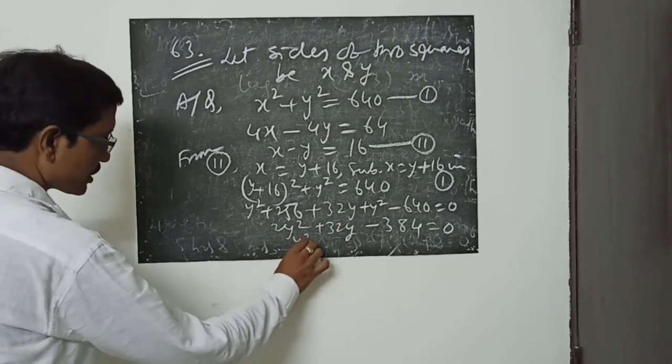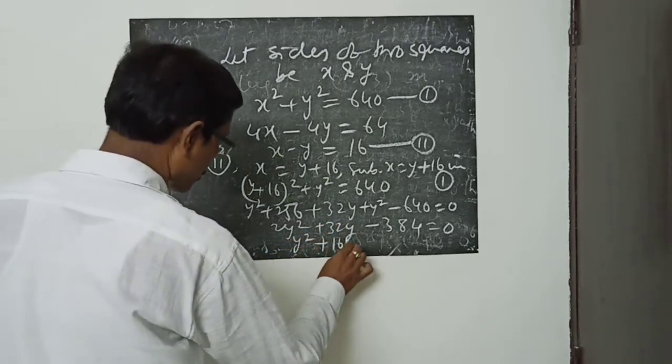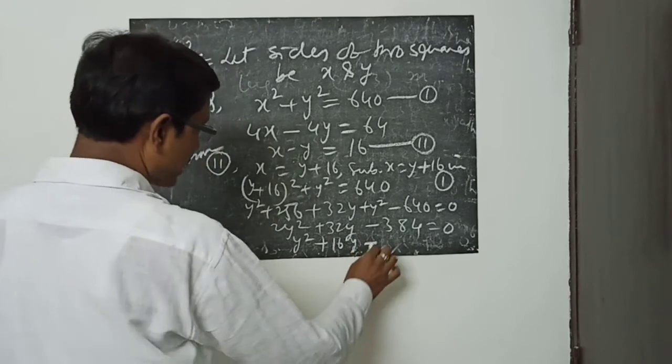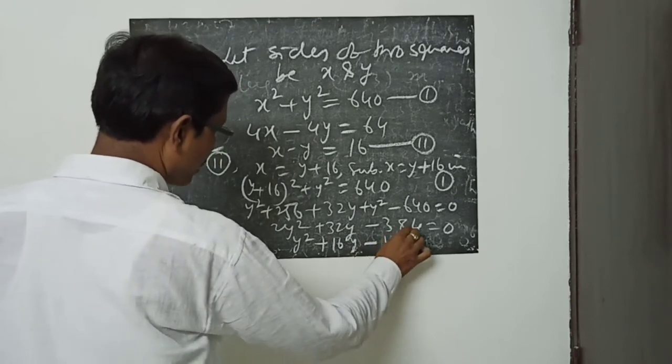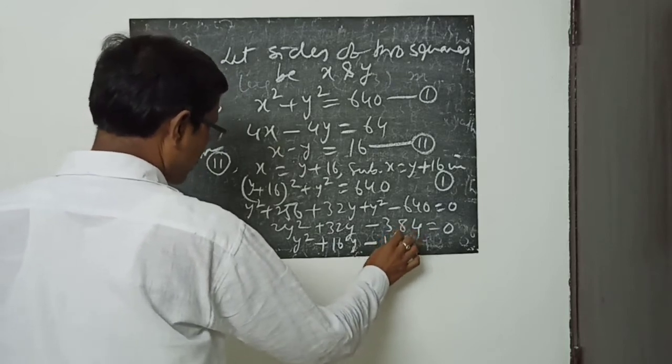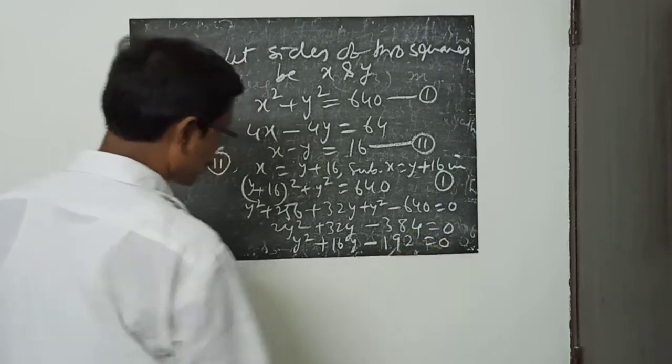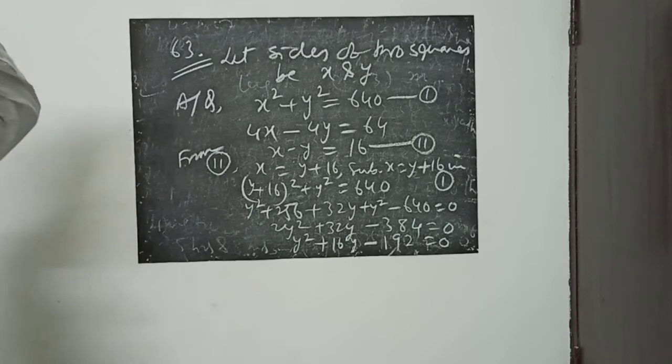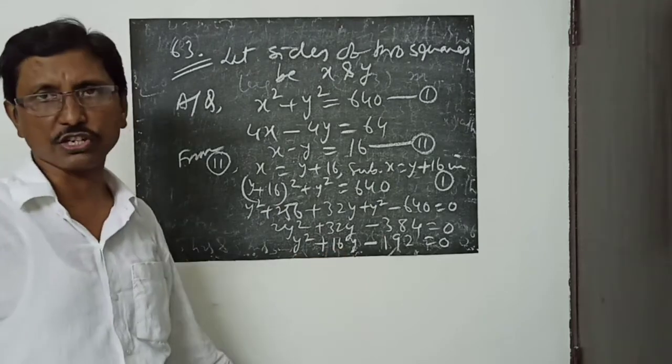So ultimately it is coming y square plus 16y minus 192. So the product is negative. You have to get two numbers such that their difference will be 16.